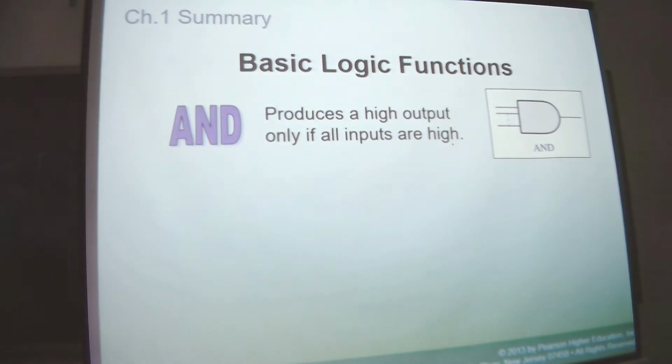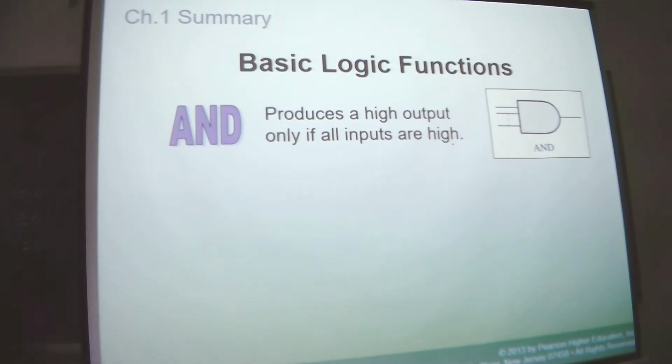If A equals 0, B equals 1, Y equals 0. If A equals 1, B equals 0, Y equals 0. If A equals 1, B equals 1, Y equals 1.